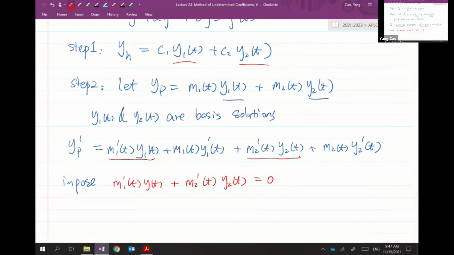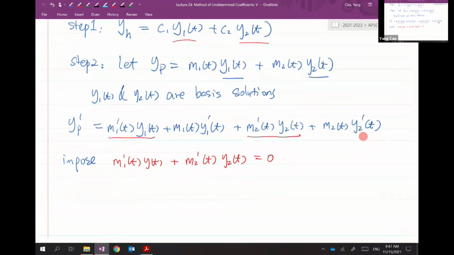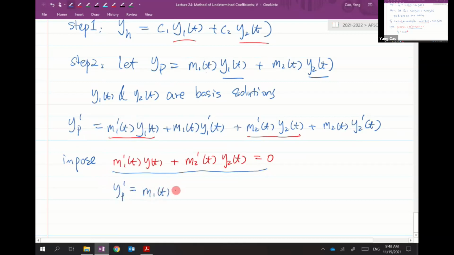You might wonder why, but you'll see that by doing that, we're actually able to get a solution. Whatever the reasons behind this, it basically works. So if this term is zero, then yp prime becomes m1 of t y1 prime plus m2 of t y2 prime.